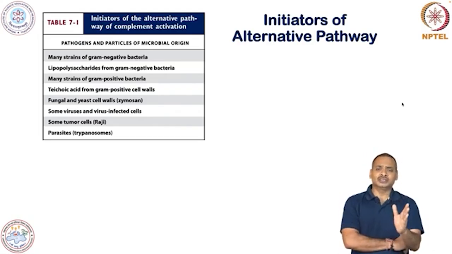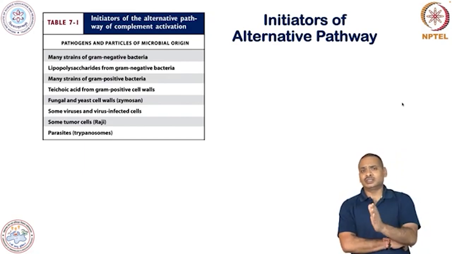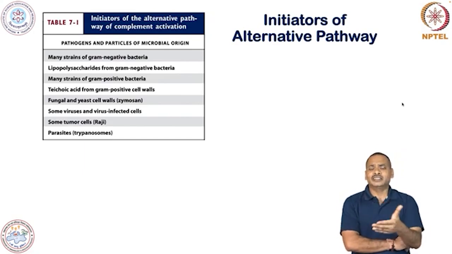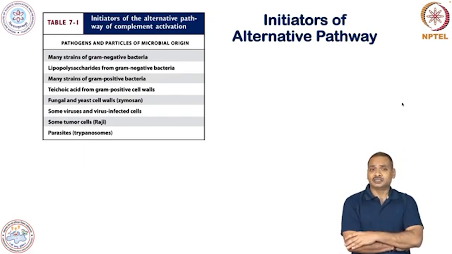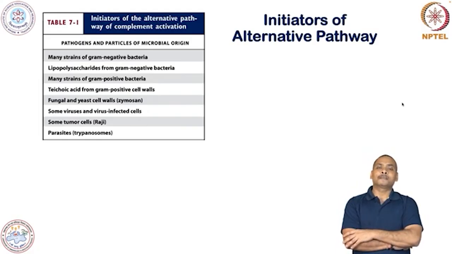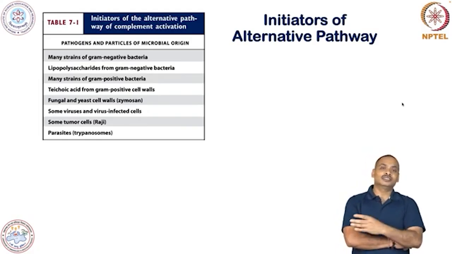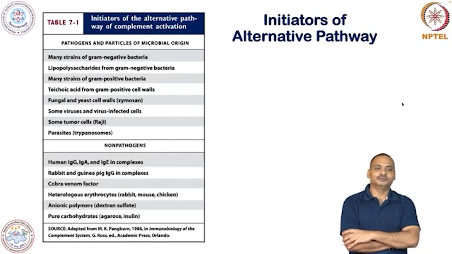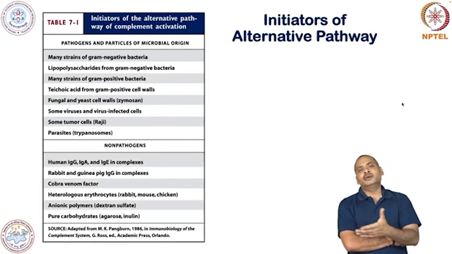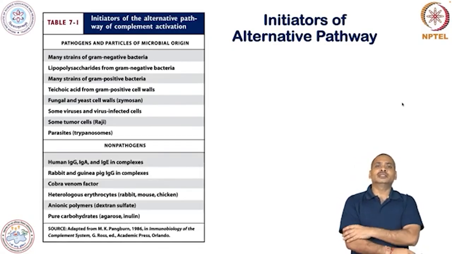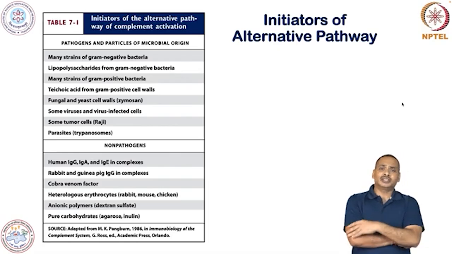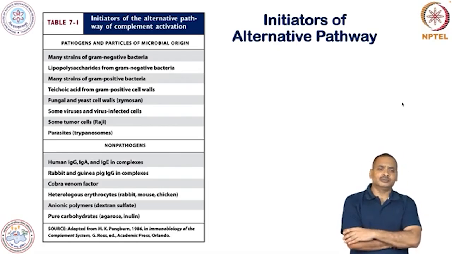For example, a normal cell which has turned into a cancerous cell can also trigger the alternative pathway. In addition, bigger parasites can also trigger the alternative pathway. There are also some non-pathogen factors which can trigger the alternative pathway.